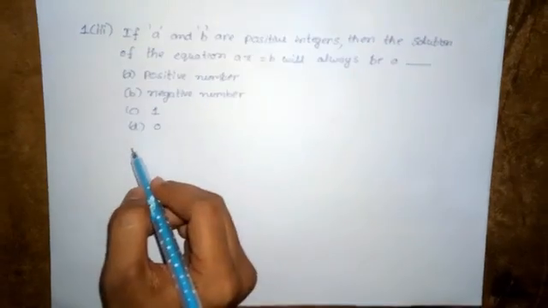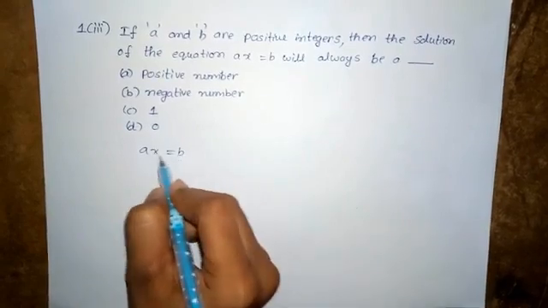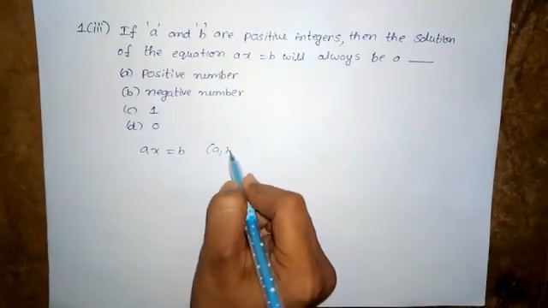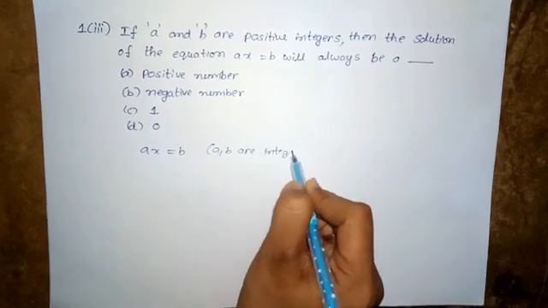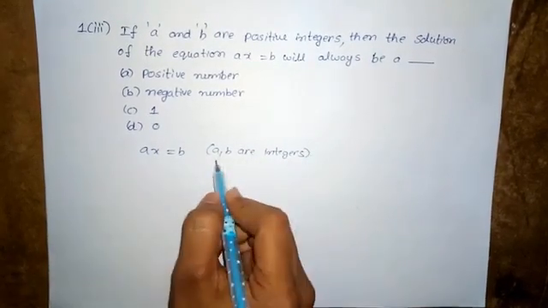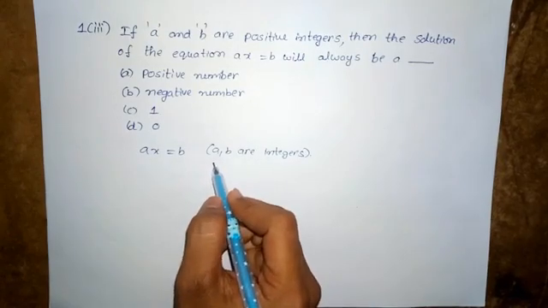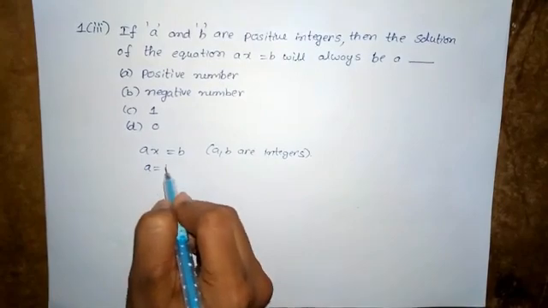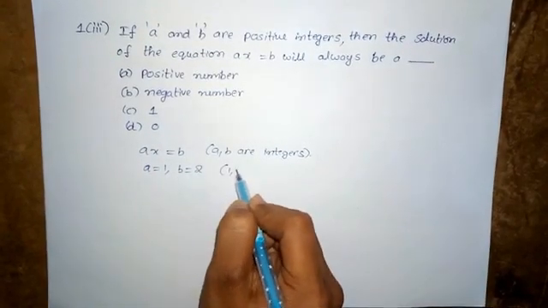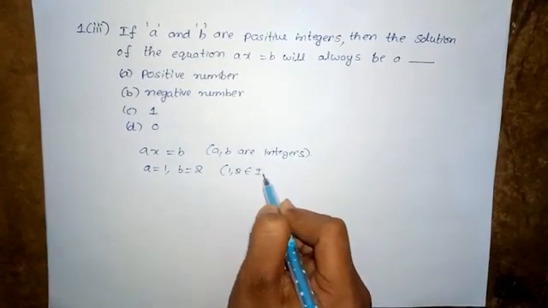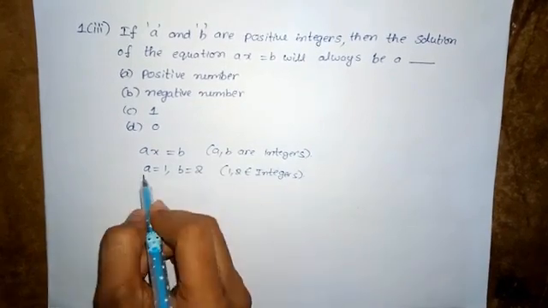First the given simple equation is ax = b. In this simple equation a, b are integers. Now take any integers in the place of a and b. Here I am substituting a = 1, b = 2. Why? Because 1, 2 belong to the integers.